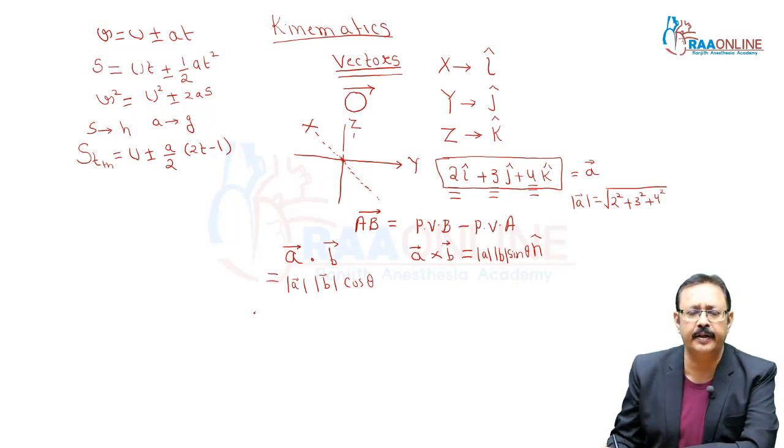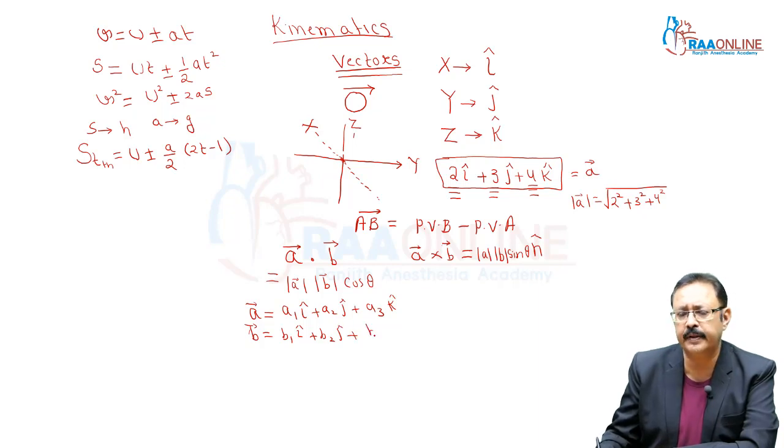But if A and B are given in terms of i, j and k, A is A1i, A2j, A3k, B is B1i, B2j plus B3k, and you want to calculate A dot B, it is a scalar.